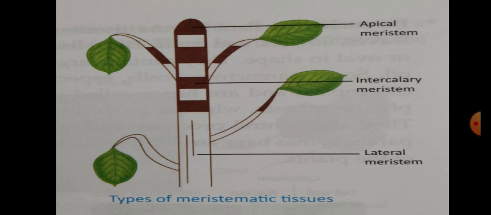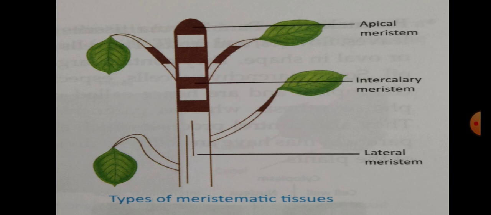Next type we studied about is the lateral meristem. You can see the lateral meristem located on the lateral side of the stem. The thickness of the stem is increasing, and it is due to the lateral meristem. It helps in the plant growing horizontally, increasing its diameter. This growth is called the secondary growth.